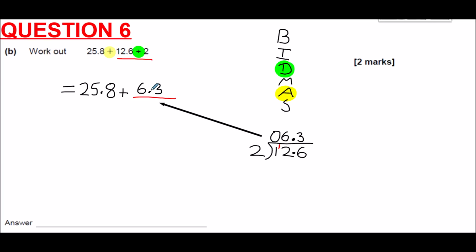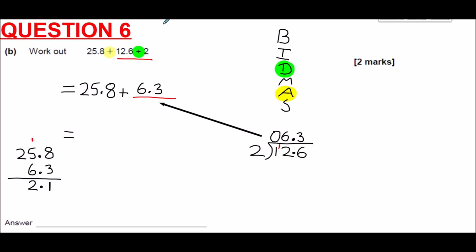Now we've divided, the only thing left to do is just to add these numbers up. And so, if we just line them up nicely with the decimals in line, 8 plus 3 would give us 11. Make sure the dots line up top and bottom. And because this gives us 11, we need to carry 1 along. Now we've got 1 plus 5, which is 6, plus the other 6, which gives us 12.